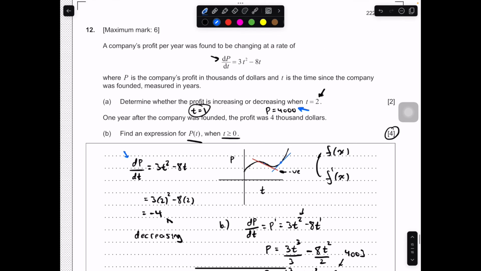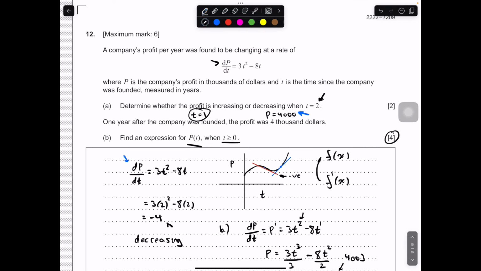But looking at it, P is the company's profit in thousands. So in this case, this P is not equal to 4,000. P is equal to 4. It's $4,000. And to be honest, they actually even help us out in this sense by writing $4,000 instead of just 4,000. So P is the company's profit in thousands.